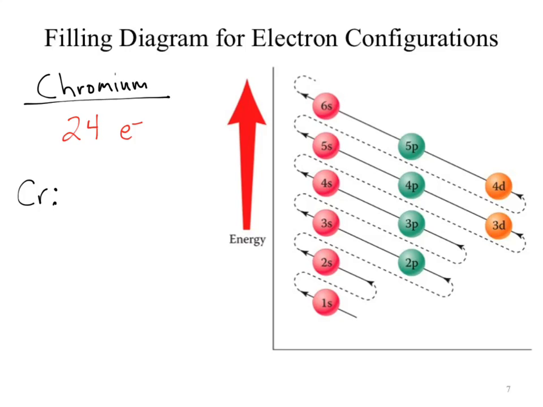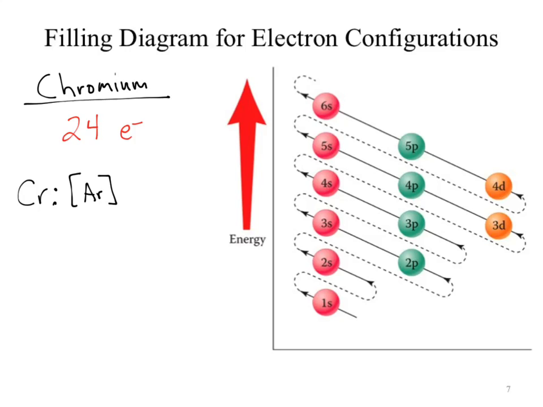Since I don't want to draw them all out, I'm going to pick the noble gas most similar to it, as far as before it, which is going to give me argon. Okay? So argon's going to fill up and give us that full subshell all the way up to our 3p.